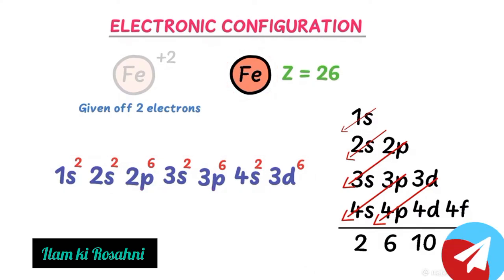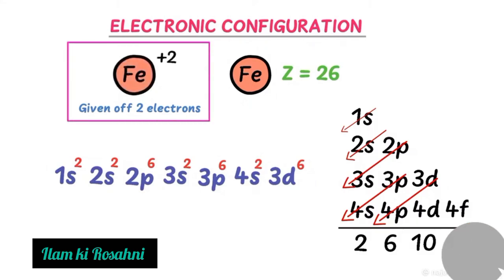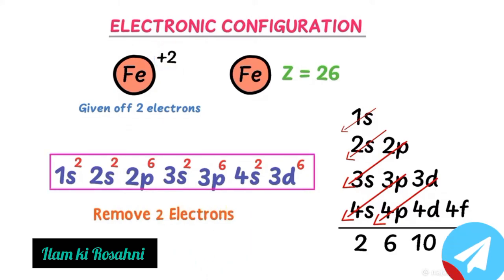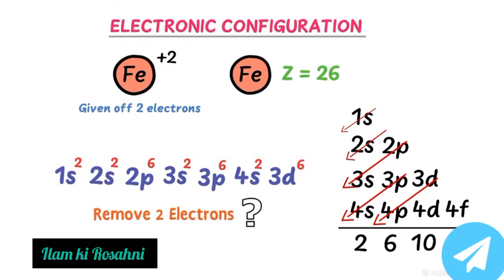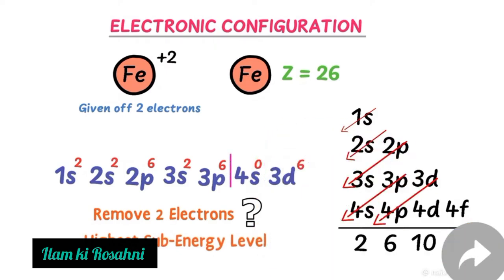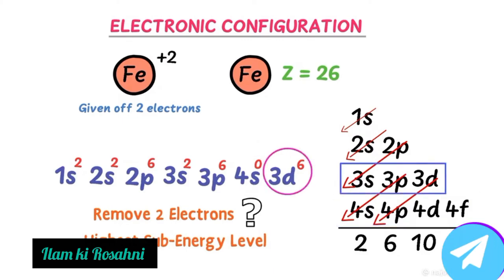But we need the electronic configuration of iron ion. Positive 2 means we have to remove 2 electrons from this electronic configuration of neutral iron atom. But the question is, which 2 electrons should we remove? Well, we remove 2 electrons from the highest sub-energy level 4s, not from 3d, because 4s is the subshell of 4th or N shell, while 3d is the subshell of 3rd or M shell.